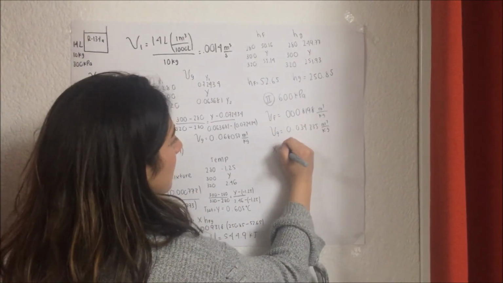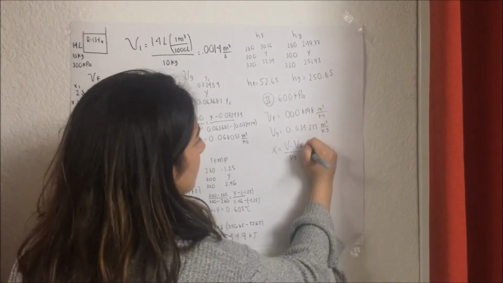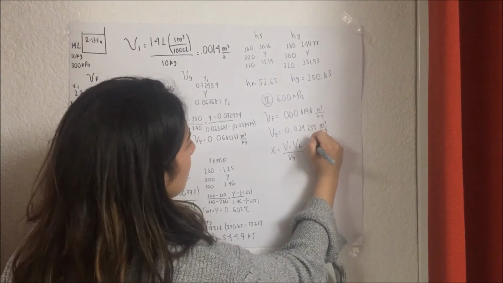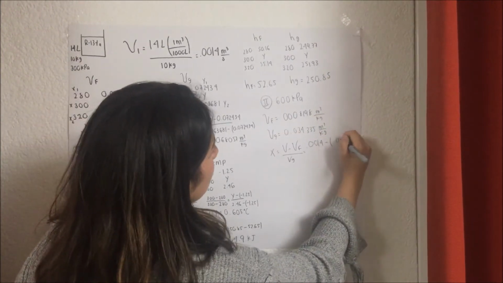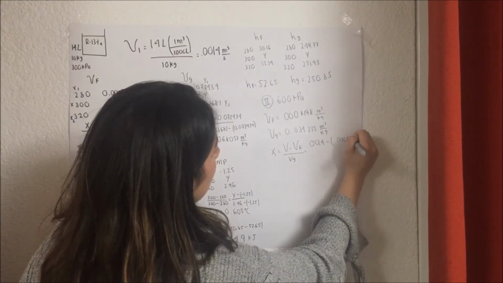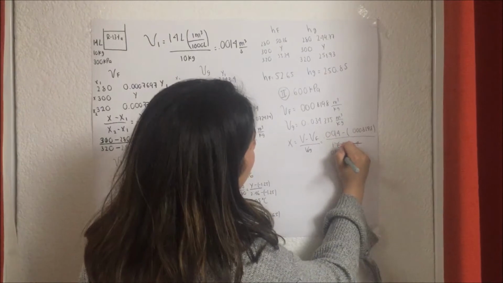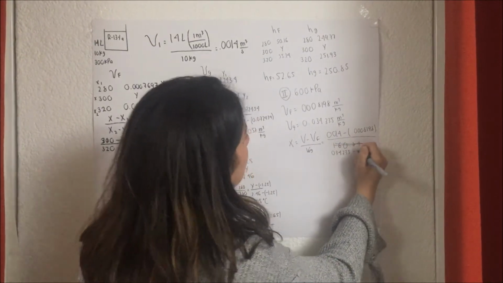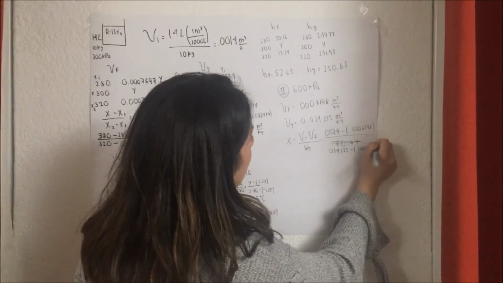Our x is v1 minus vf over vfg. In this case, our v1 is 0.0014 minus our vf, which is 0.0008198, over the difference, 0.034335 minus 0.0008198.